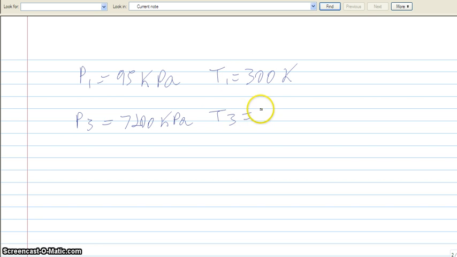T3 equals 2150 Kelvin. And they want us to solve this using the specific heats evaluated at 300 Kelvin.